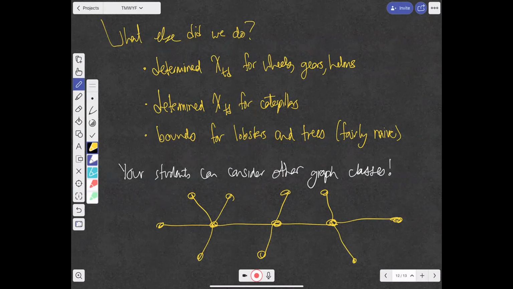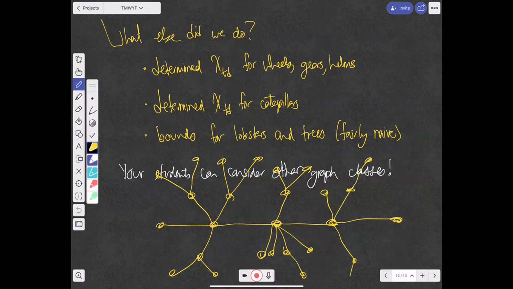And then a lobster is a caterpillar with more appendages, but only 1 layer more. So we can add, and again, it's still a kind of tree. So central path, every other vertex is at most distance 2 from the central path. So here's an example of a lobster.